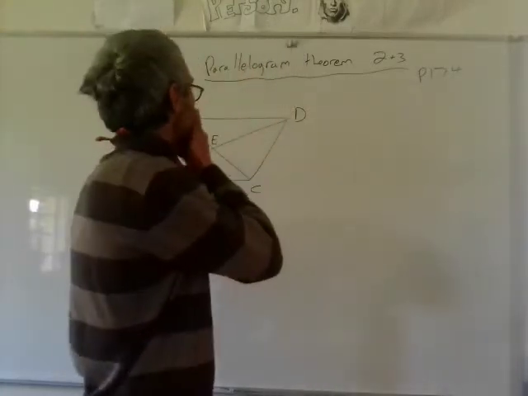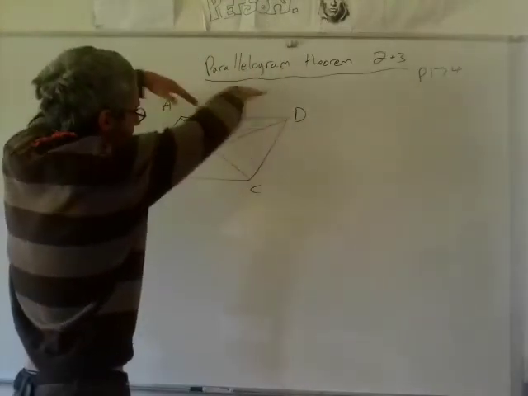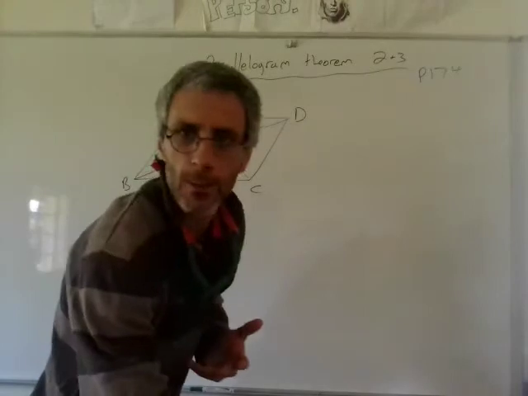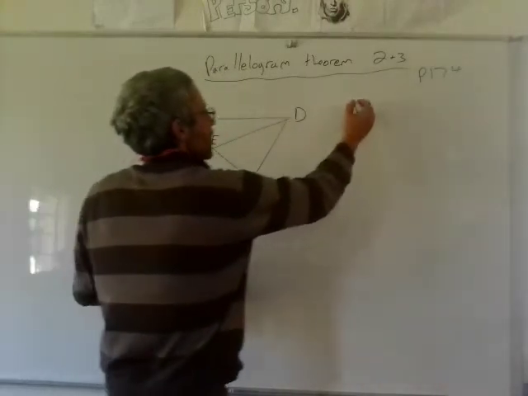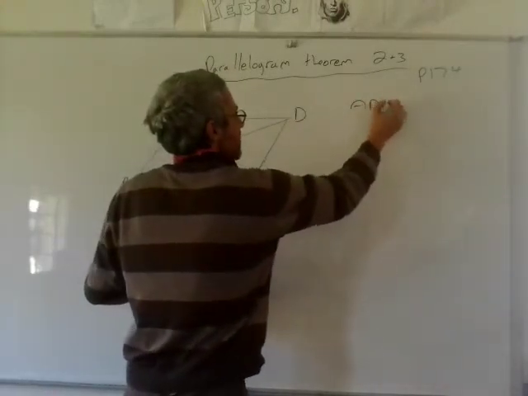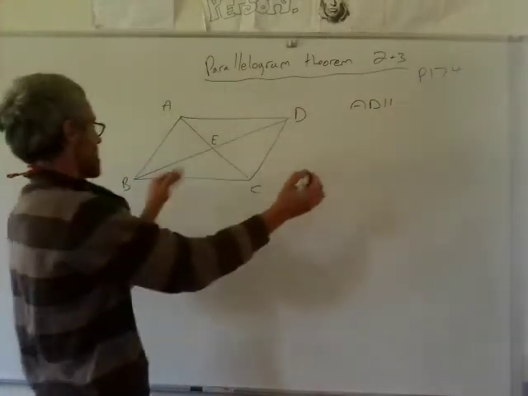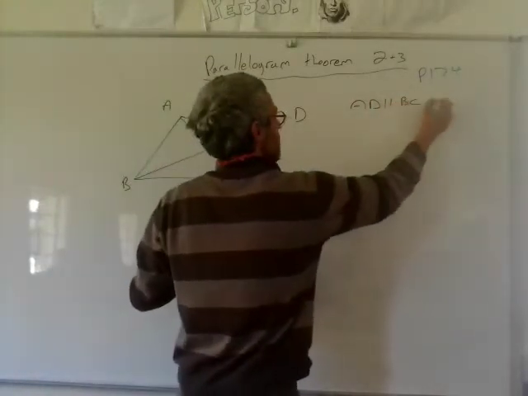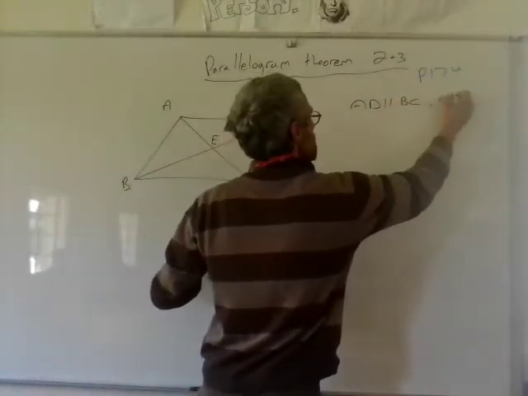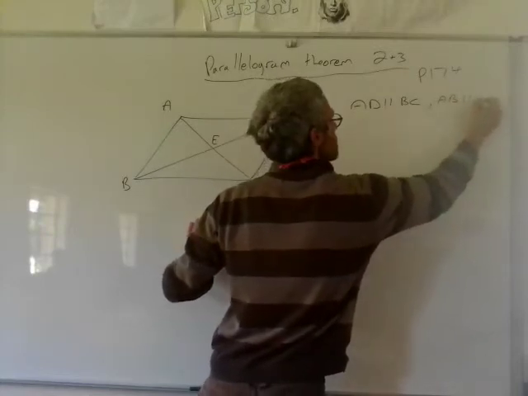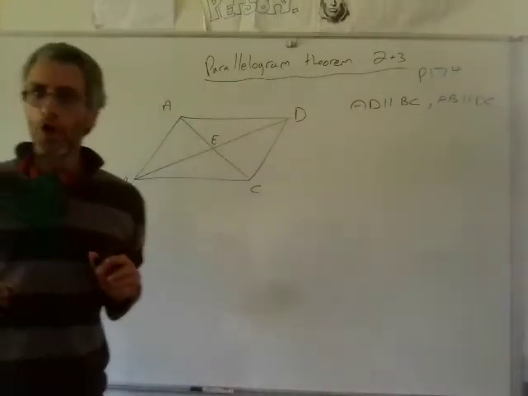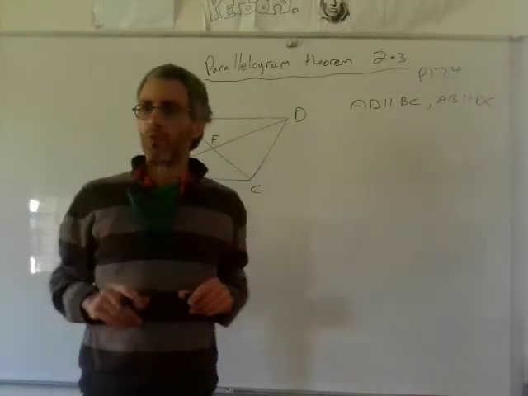Now in our last lesson, we proved that if we have a parallelogram, what is a parallelogram? Just to remind us, we've got two pairs of lines that are parallel to each other. So AD parallel to BC and AB parallel to DC. Our first theorem was kind of a double theorem.